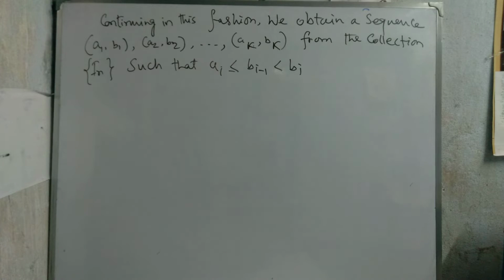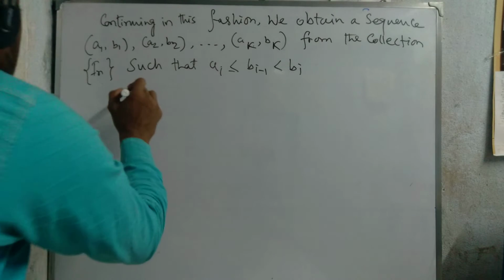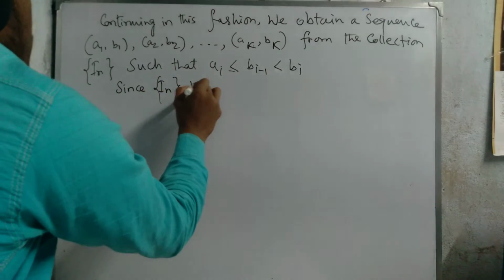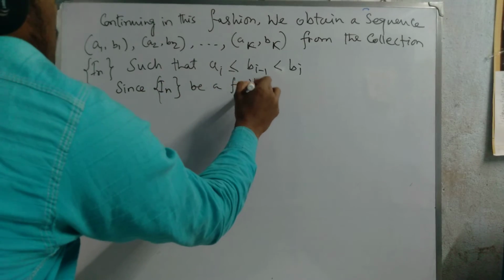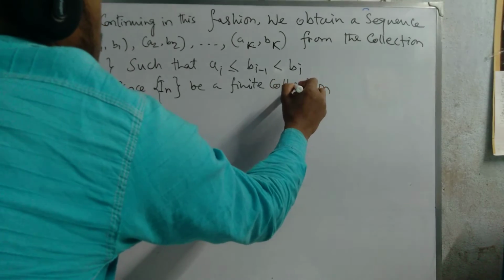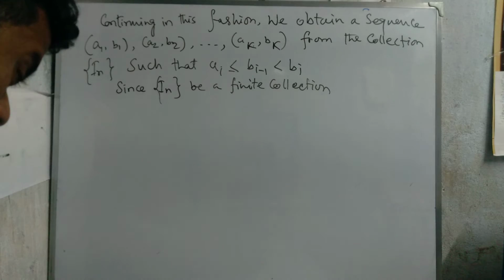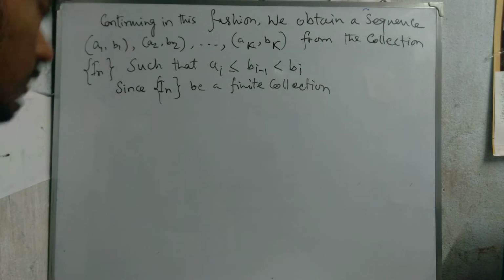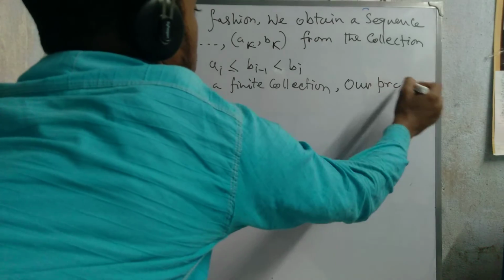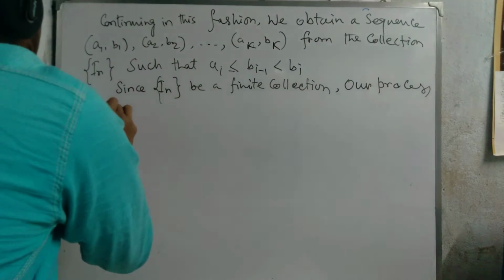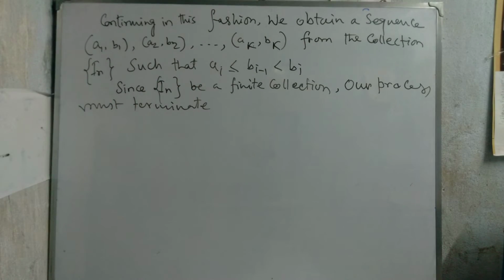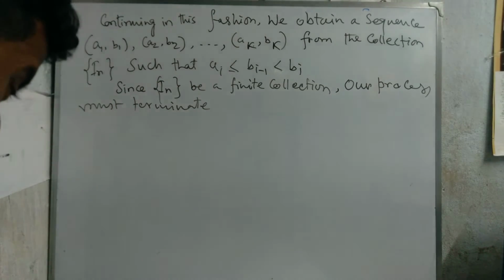Then obviously, since In is a finite collection, our process must terminate. Then what happened?